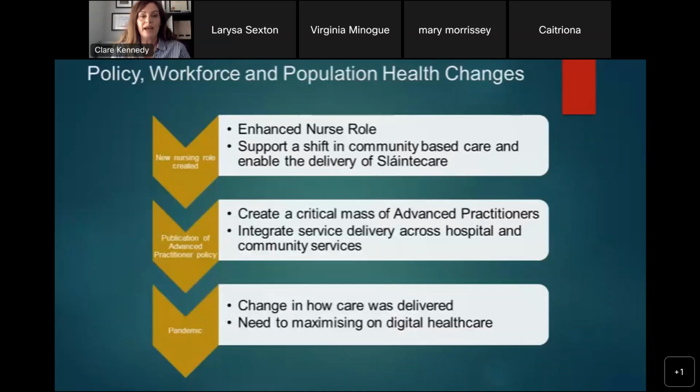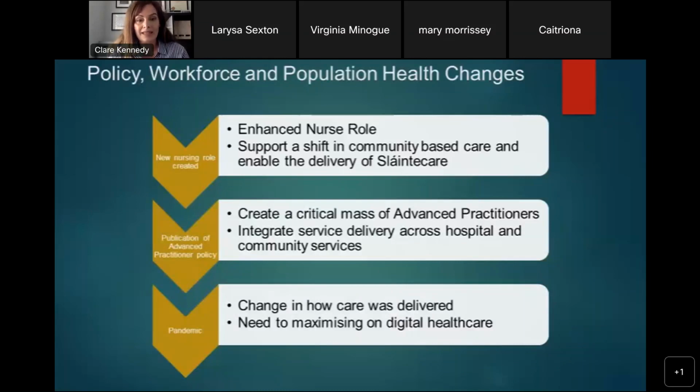And at the time of my research publication, we had a new nursing role. It was the enhanced nurses role. And this was very much, again, about supporting a shift in community-based care to enable the delivery of Sláintecare. The publication of the advanced practitioner policy as well, so that we needed to create a critical mass, but not all advanced practitioners were going to be community-based and with an acute hospital base.